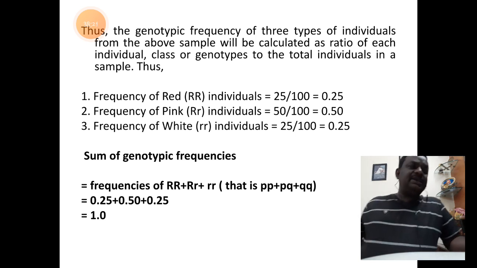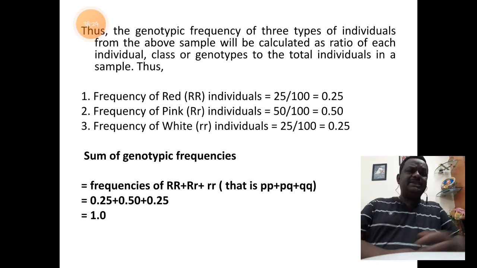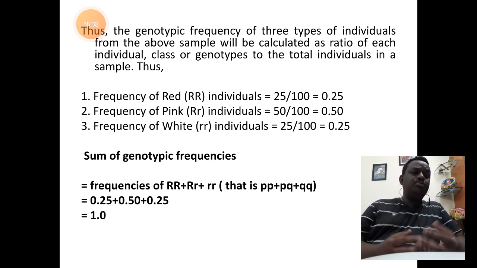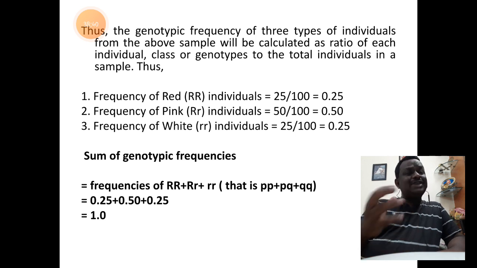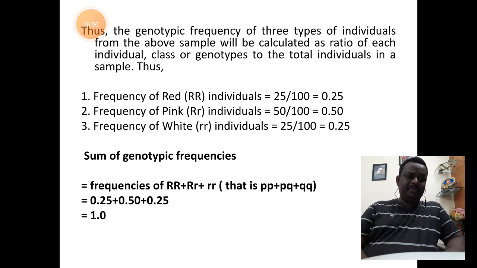Rest 50% are pink flowers. And the frequency, when we look at 25 by 100 for the capital R, capital R genotype, is 0.25. Heterozygous capital R, small r, that is pink flowers, is 0.5. And again, white flower, small r, small r, is 0.25.